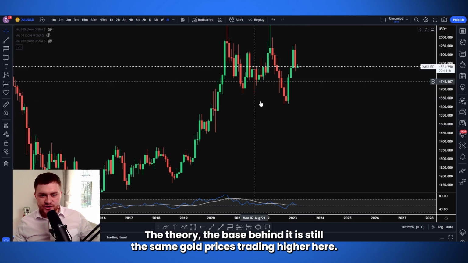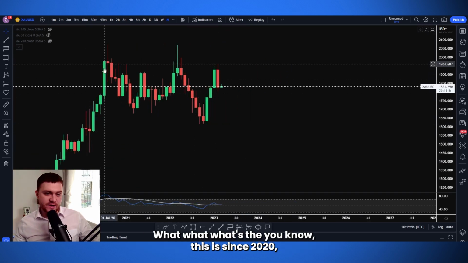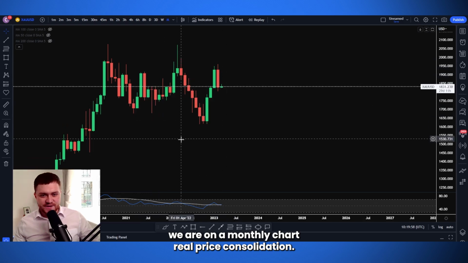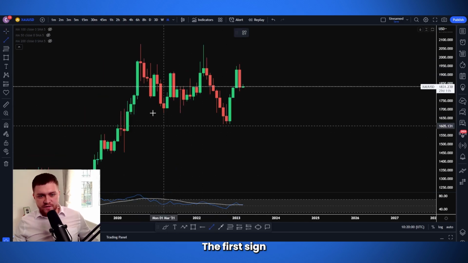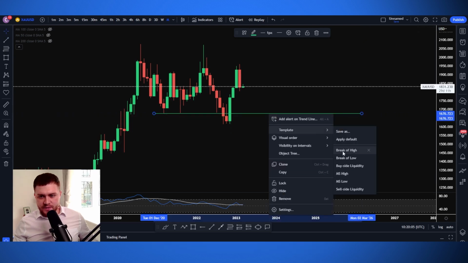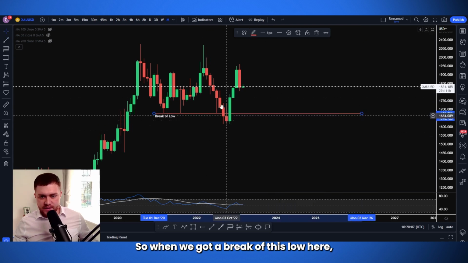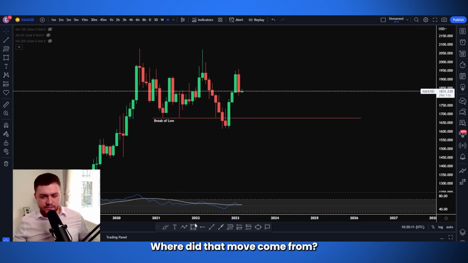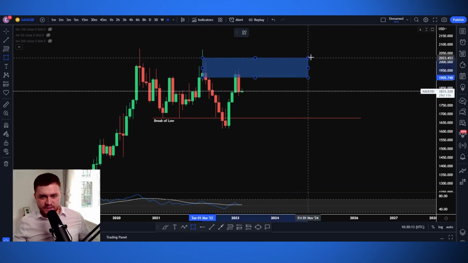Gold prices trading high here. This is since 2020. We're on a monthly chart. Real price consolidation. The first sign that the market wanted to go lower is when we got a break of this low here. You see that? The break of that low. Where did that move come from? That's what I always ask myself.